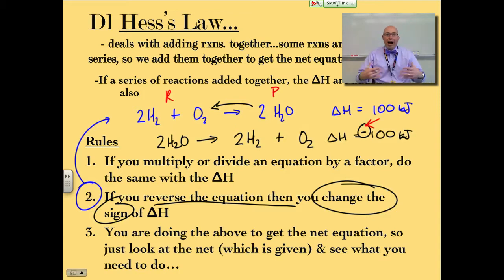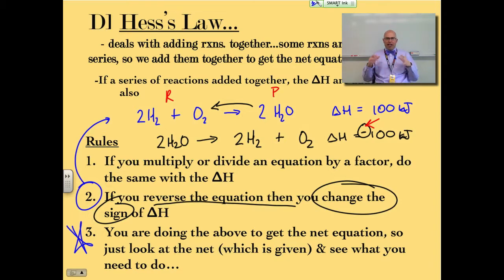All right. Why would you do this? Again, why would you do the first one? The reason is you do both of those things. Multiply or divide by a factor or reverse the equation. You do that to get the net equation. You're going to be given the net equation, and then you need to see what you need to do.